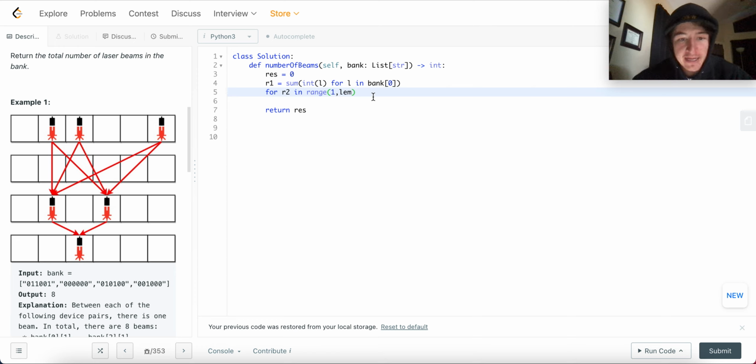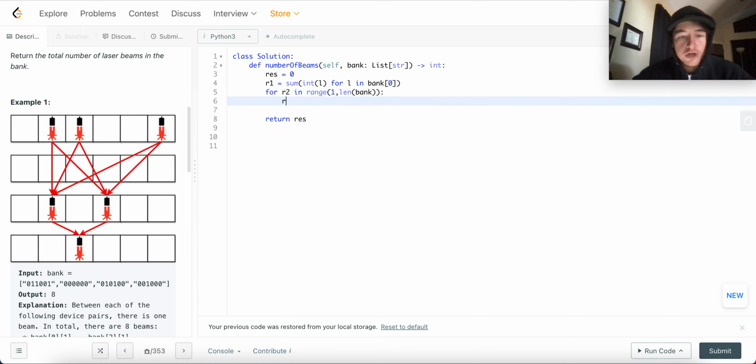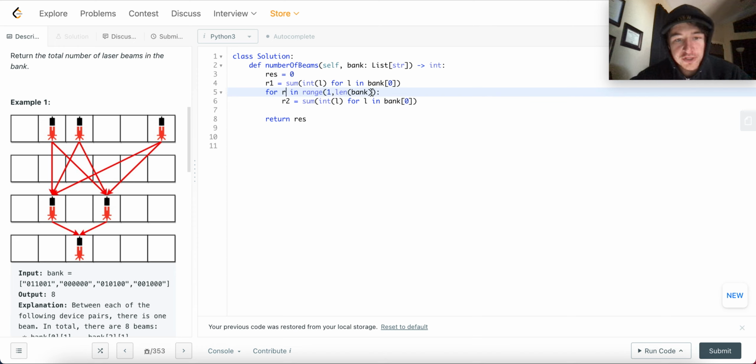Now the number of R2 equals the sum of int of the laser for each laser in the row. For each row, R2 is the sum of that row in bank.